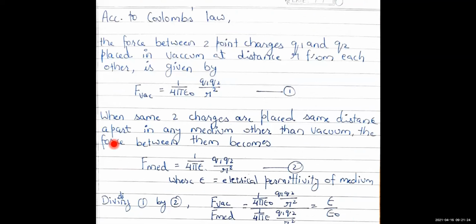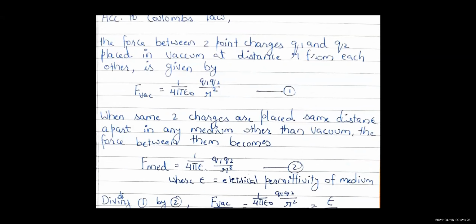According to Coulomb's law, we can write the magnitude of force between 2 point charges Q1 and Q2, and let the distance between them be r, and they are placed in vacuum. In vacuum, the electrical permittivity is epsilon naught, right, children?